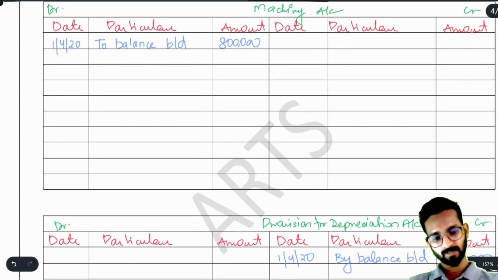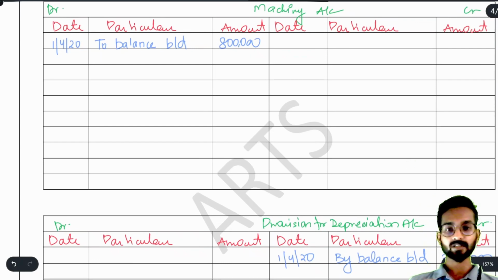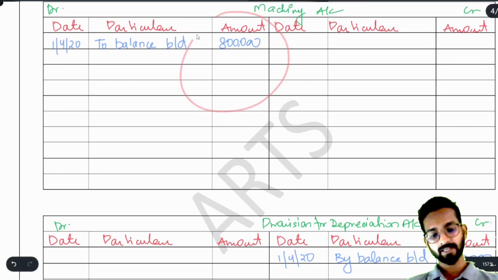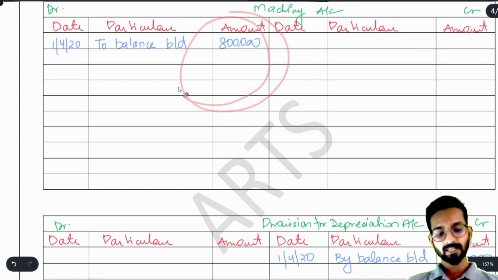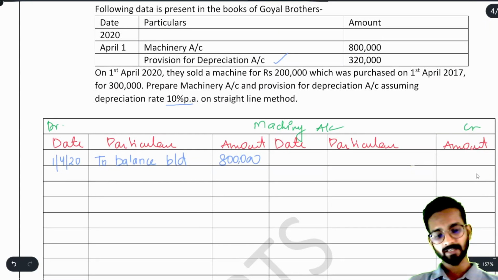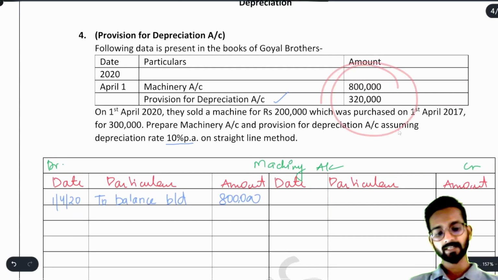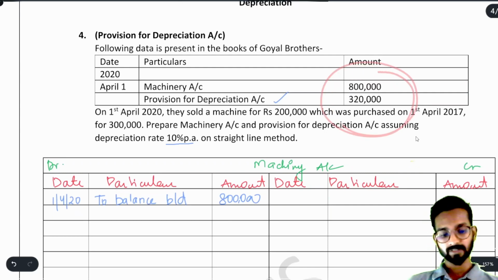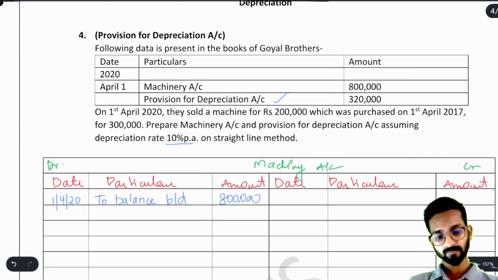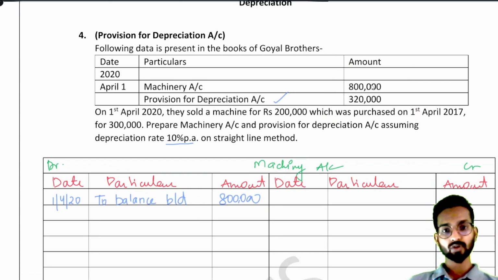Now understand this. First understand one thing, that whatever was the total block of the asset, what is our total block? Total block is 8 lakh rupees. For this 8 lakh rupees, till date, provision for depreciation, how much has been collected? You will say, sir, 3,20,000 depreciation has been collected till date. Okay. Now what the question is saying, understand this again. Out of the total cost of 8 lakh rupees machinery, there was one machinery, the value for which was 3 lakh.